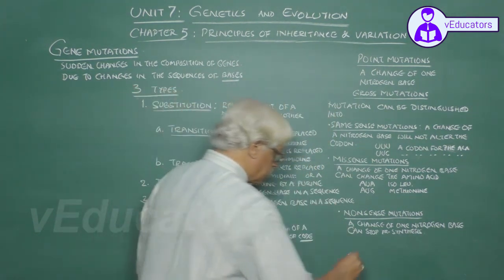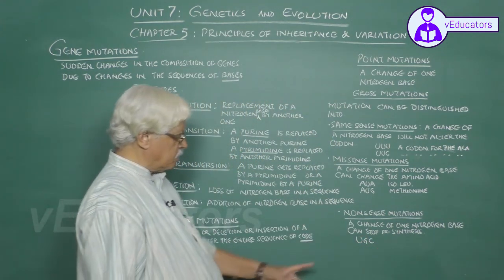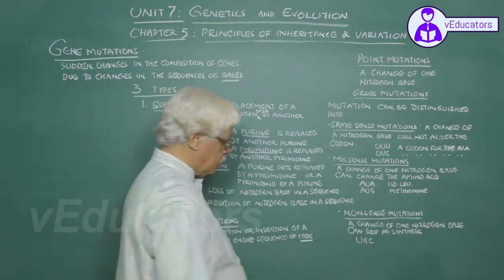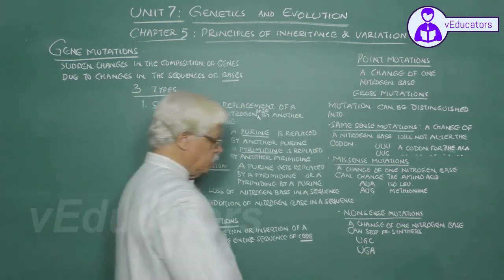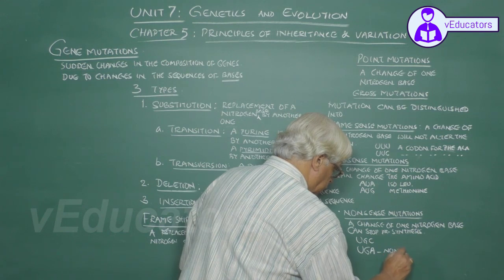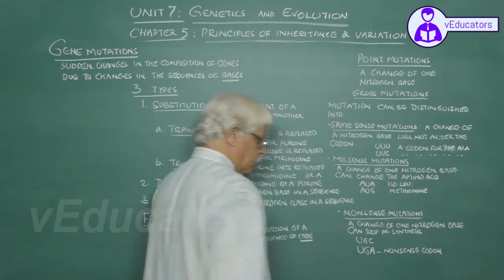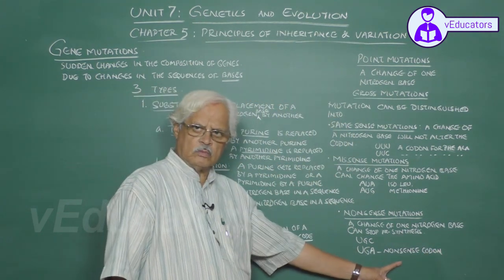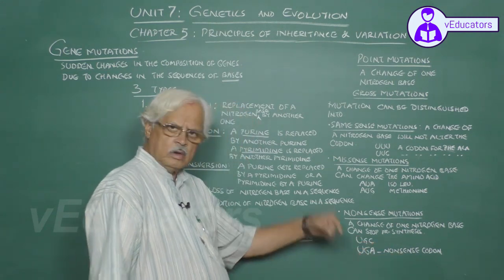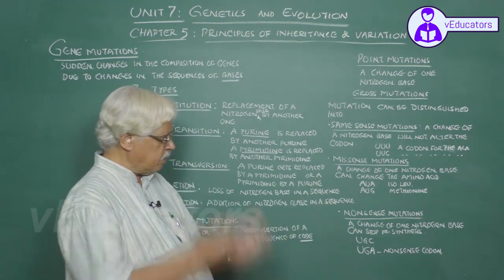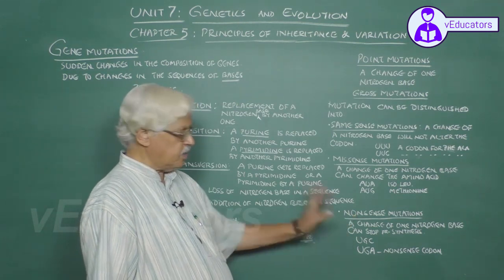For example, UGC codes for a particular amino acid, but if it gets converted into UGA, UGA is a nonsense codon. So no more amino acid can be attached to the protein chain. So formation of the proteins in the chain stops. Therefore it is called nonsense mutations.